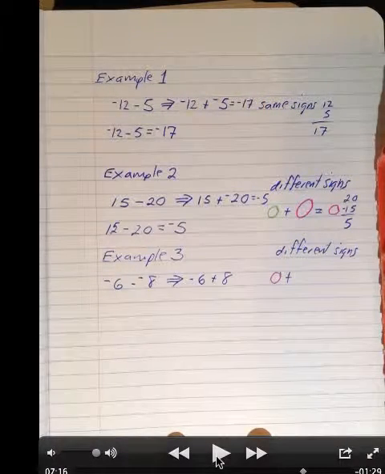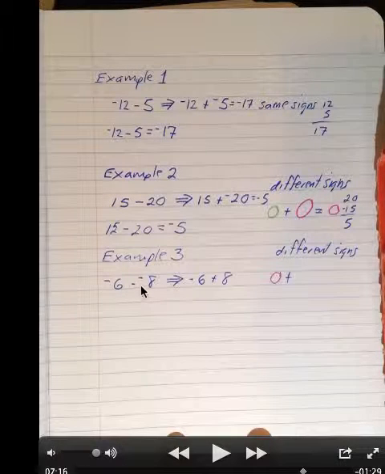I want to stop that so you can see negative 6 minus a negative 8 becomes negative 6 plus the opposite of negative 8 is positive 8. So I'm going to be making a small red circle and a larger green circle.